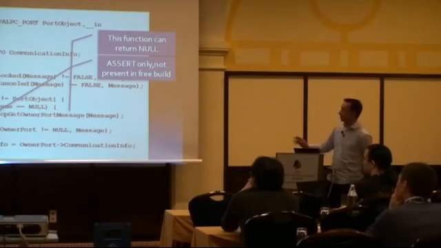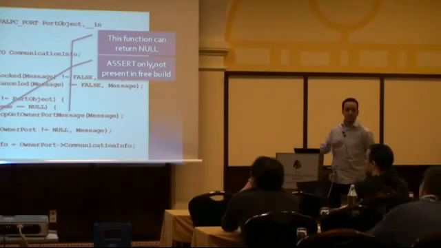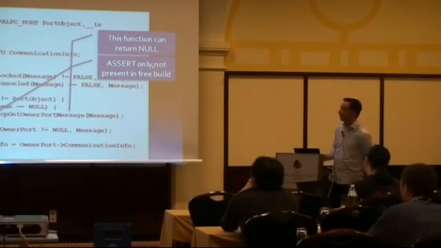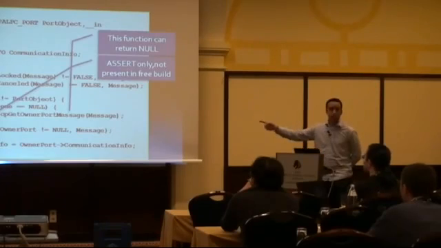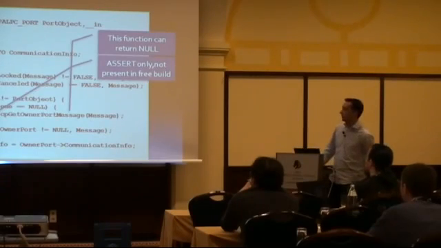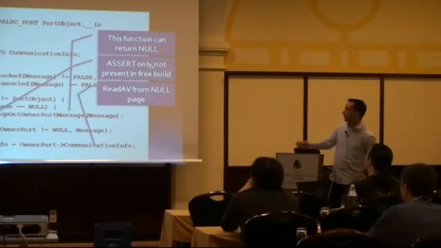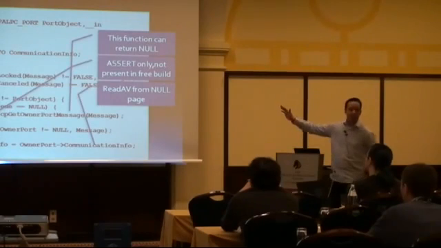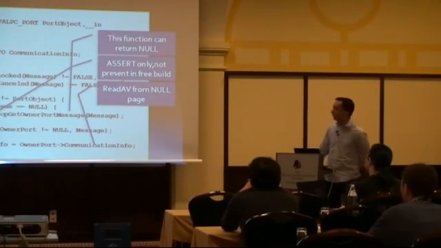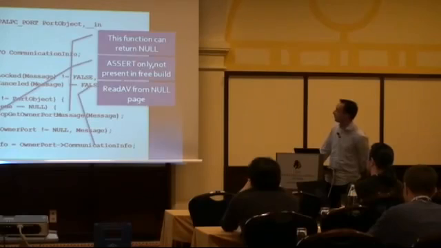So basically, if you allocate the null page in the user mode app that is calling this code, if that call fails, you own that structure, owner port, and here it's going to be a read AV from the null page. So this is a null deref in kernel mode. All these cases are at least 1 year old, so no fear here of being exploited by those.